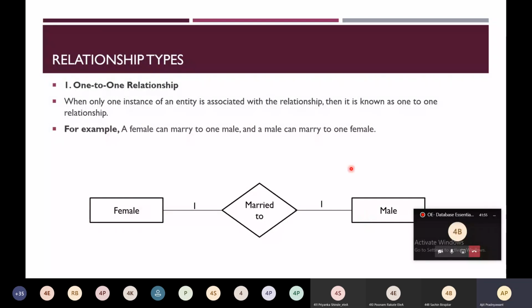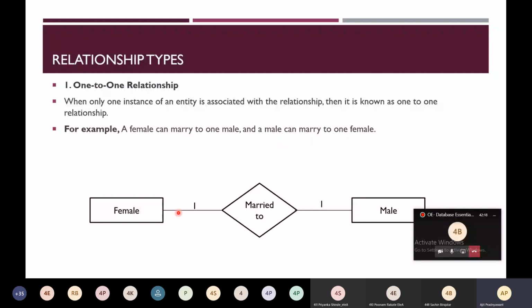Again, I am repeating, one-to-one relationship is when only one instance of an entity is associated with the relationship. For example, a female can marry one male and a male can marry one female.